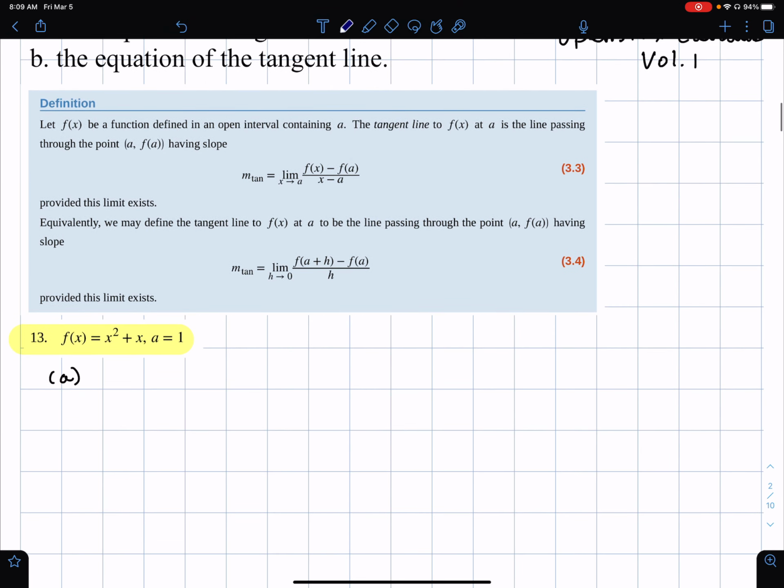All right, I have two choices for the tangent line formula. One has x approach a, the other has h approach 0. I think the one where x approaches a is easier to work with, so that's the one I'm going to use. So m tangent is the limit as x approaches a of f of x minus f of a over x minus a.